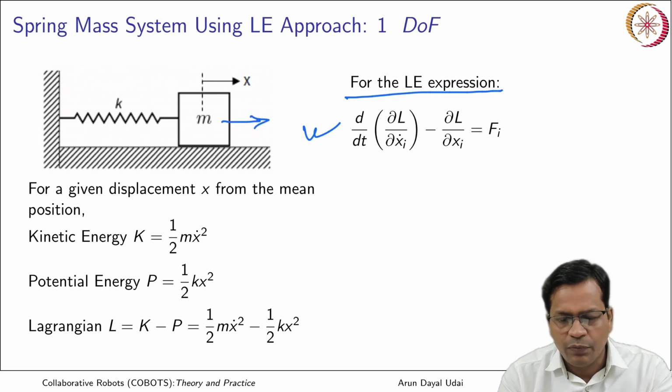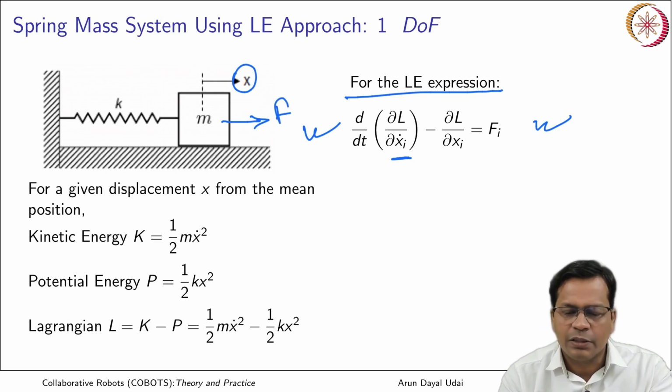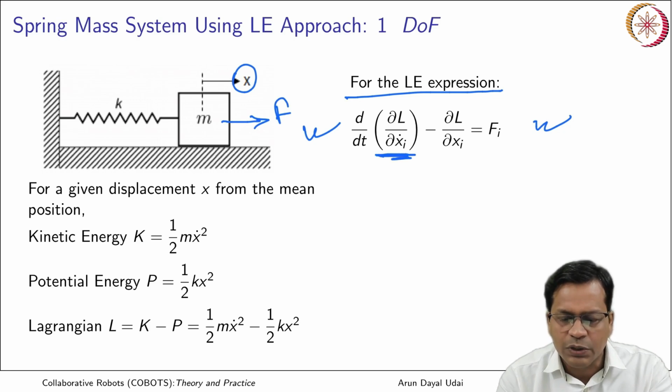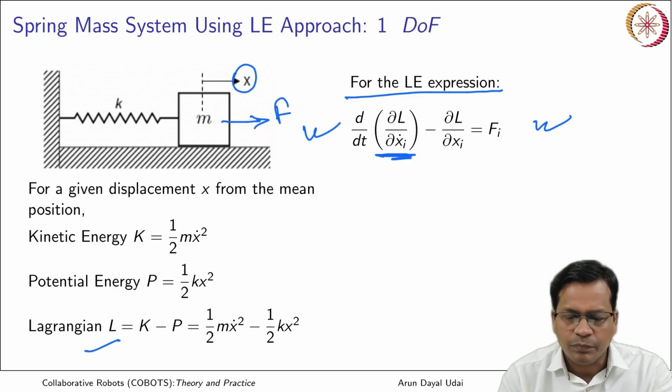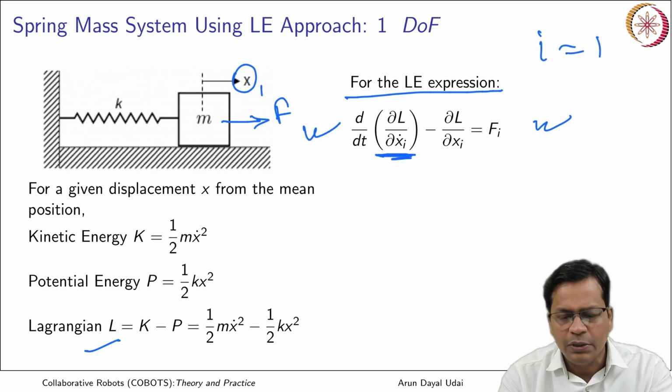So it is defined by this. In this case, your joint displacement is the linear displacement, and what you obtain is the force because it is a linear displacement. So I will go by the first bracketed term which is here. I will use this Lagrangian and take the derivative with respect to ẋi. i is 1 here, so it is only one displacement.